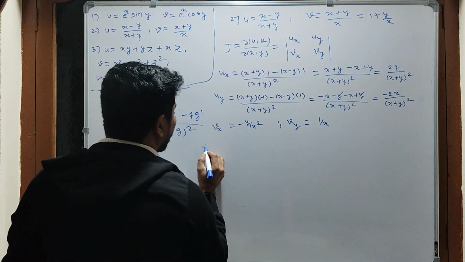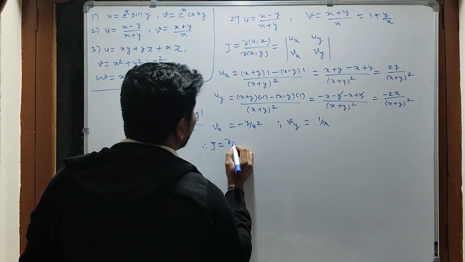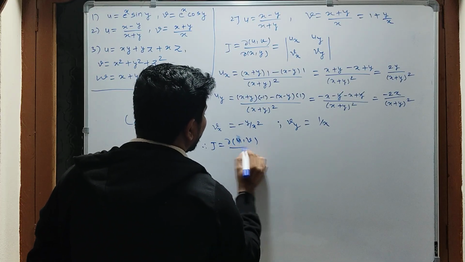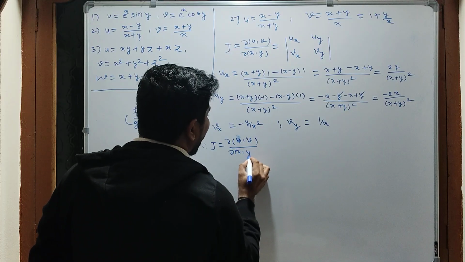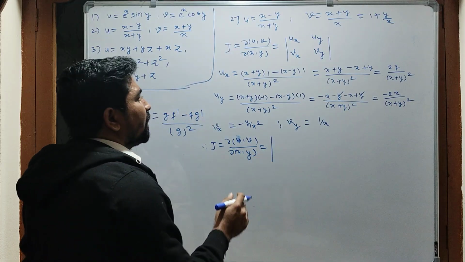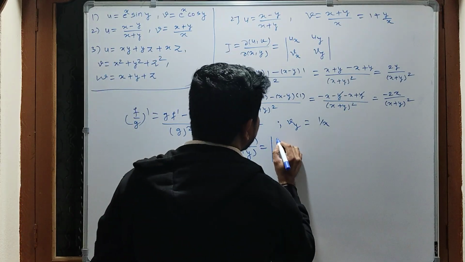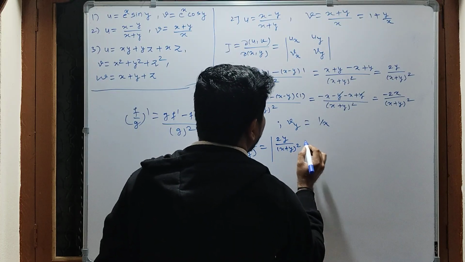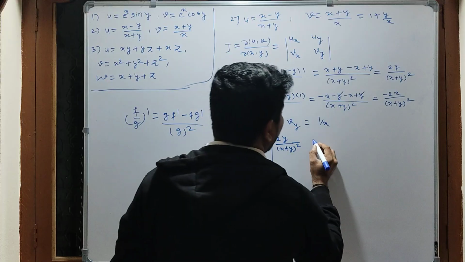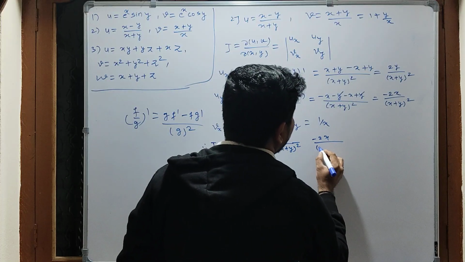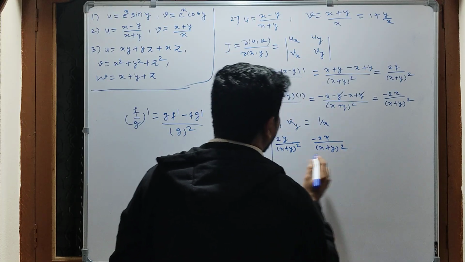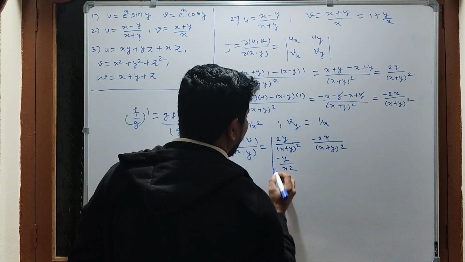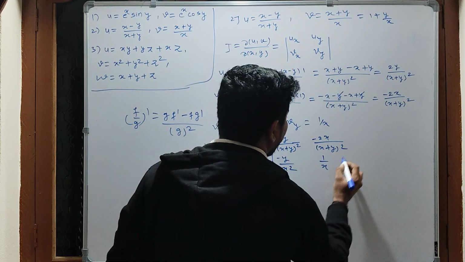Now therefore, the Jacobian, the partial derivative of u, v with respect to x, y, equals the determinant. Here ux is 2y by x plus y whole square, uy is minus 2x by x plus y whole square, vx is minus y by x square, and vy is 1 by x.